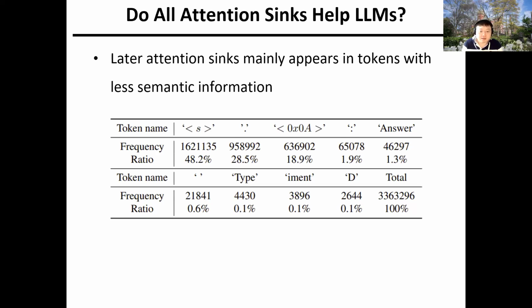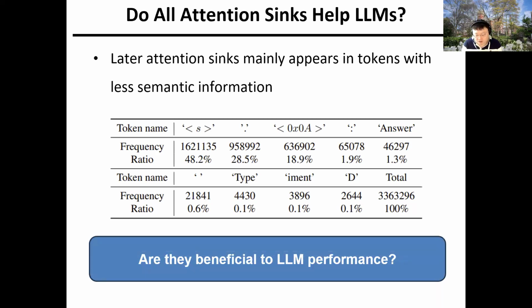We realize the tokens that attract attention sinks, and we find that later attention sinks mainly appear in tokens with less semantic information, such as symbols like period or comma, and also some special tokens. This kind of behavior, excessively using a lot of attention on tokens with less semantic information, intuitively does not really help with the performance.